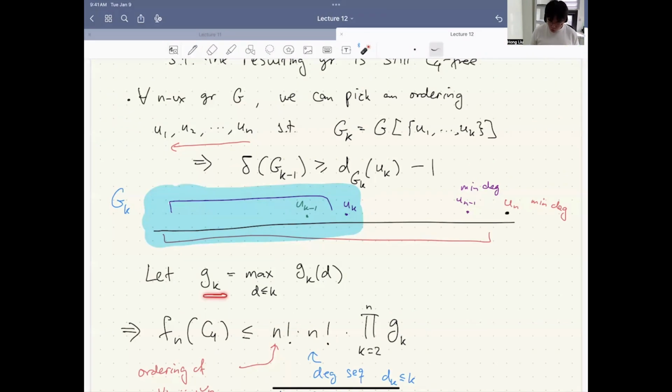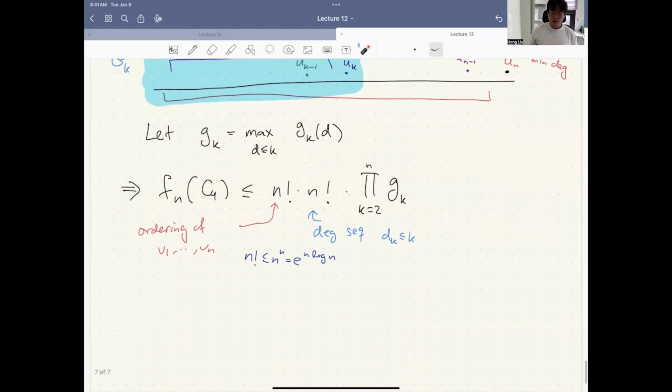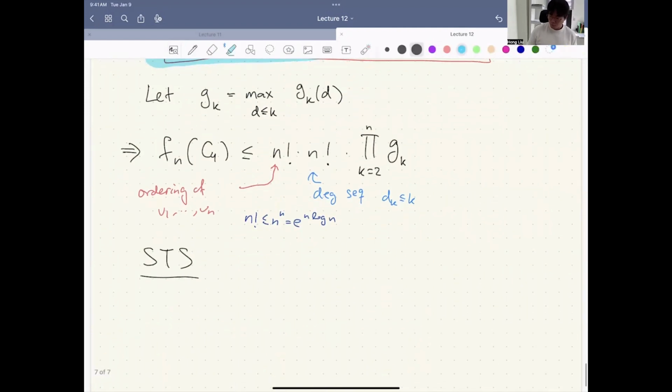Because G2 is the number of choices to add the second vertex. G3 is the maximum number of choices to add the third vertex. And Gn is the number of choices to add the last vertex. So now all we need to do is to prove, suffices to show, this claim.